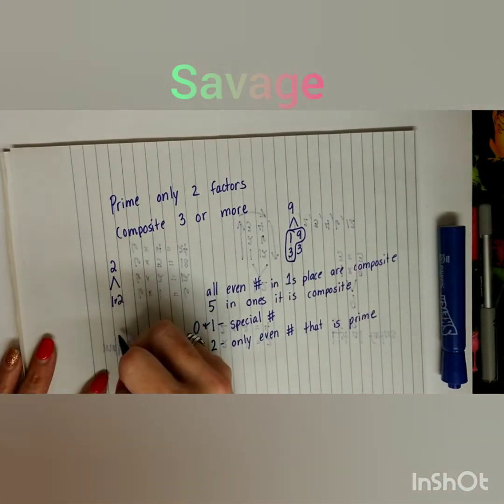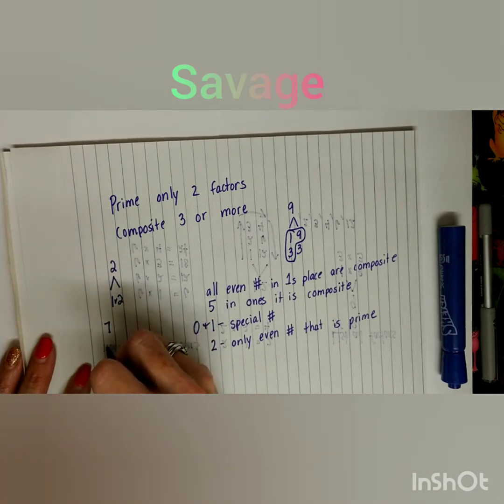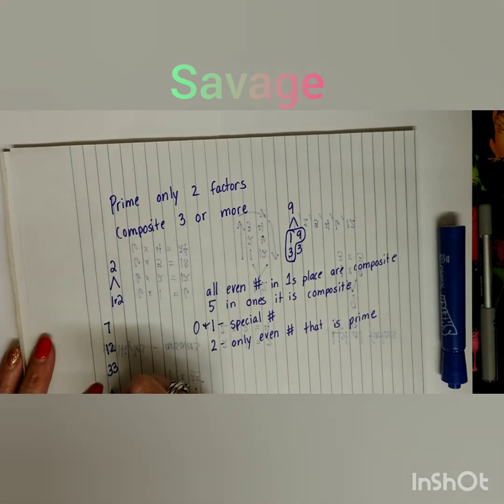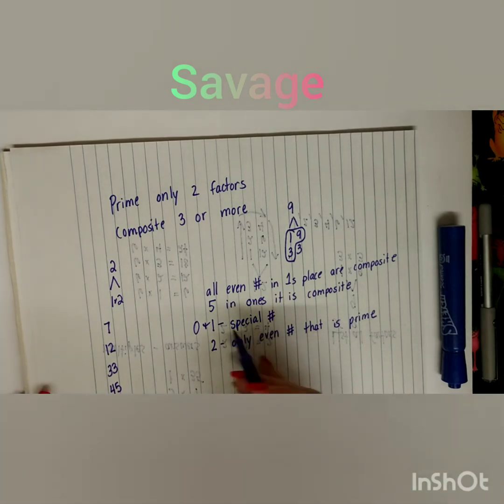Let's say I've got 7, 12, 33, 45, and 50, and I have to determine whether they're prime or composite. I go through and do my rules first.